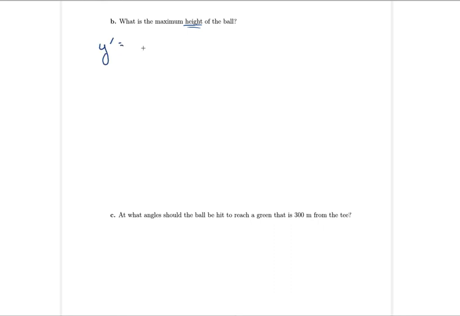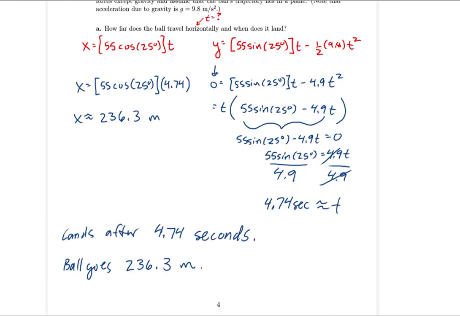And of course, y prime is 55 times the sine of 25 degrees, minus 9.8t. Excuse me, I don't know why I said t there. That shouldn't be there. So 55 sine of 25 degrees, because we took the derivative of t and it became 1. And here, taking the derivative of this, 2 times 4.9 is 9.8.